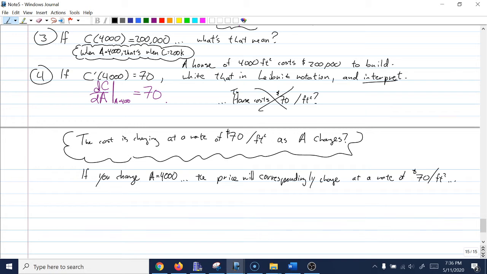So a good way to think about this is that the thing that costs $70 per square foot isn't the main square feet of the house. This is the cost for additional square feet.